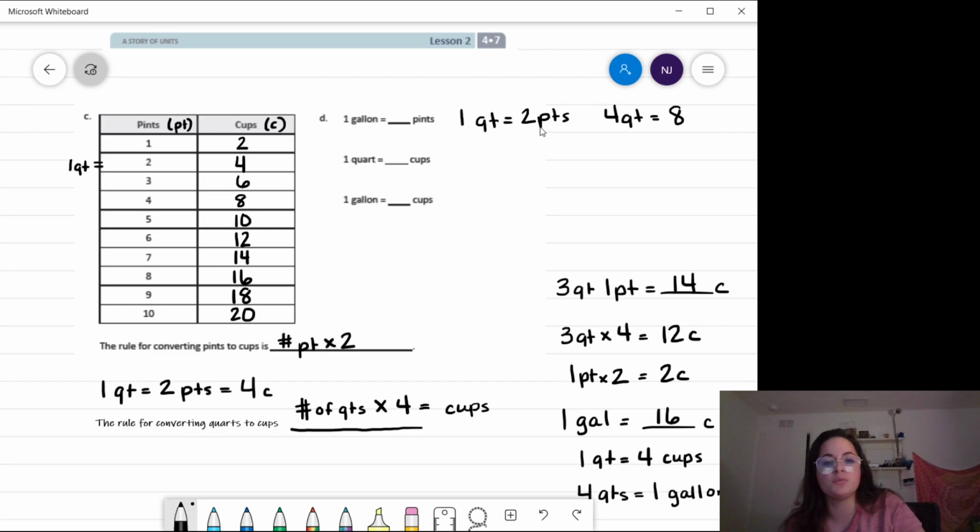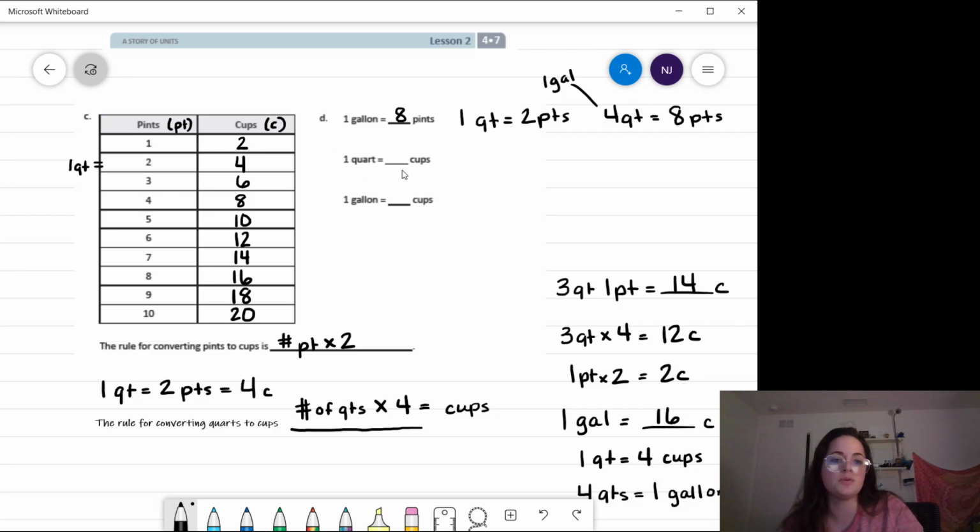If 1 quart is equal to 2 pints, then our rule is to multiply times 2. So if we've got 4 quarts, we multiply that by 2 to give us our 8 pints. So we say that 1 gallon is equal to 4 quarts, which is equal to 8 pints. So right here, we've got 1 gallon is equal to 8 pints.